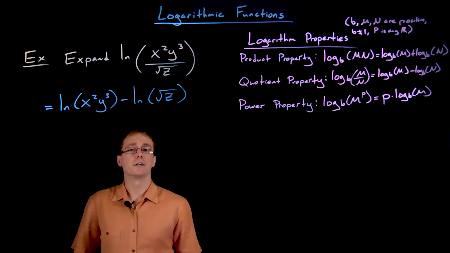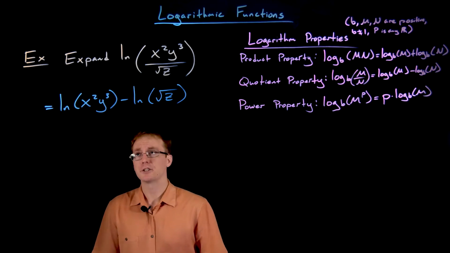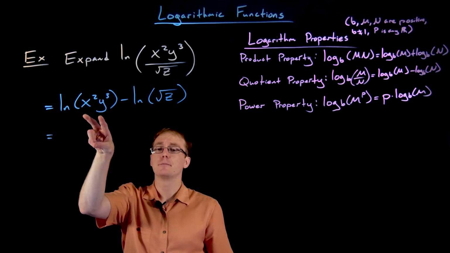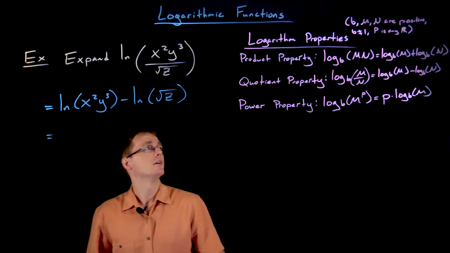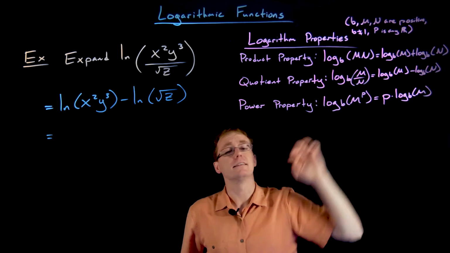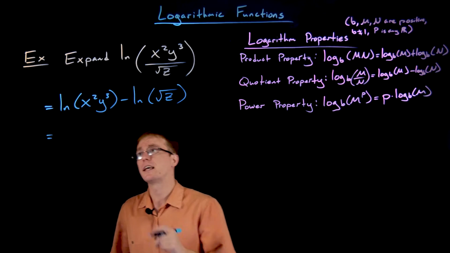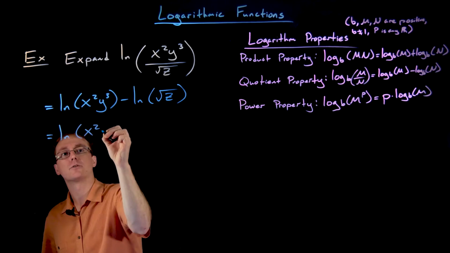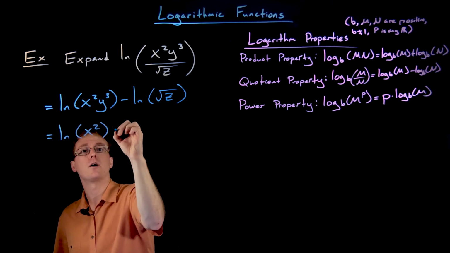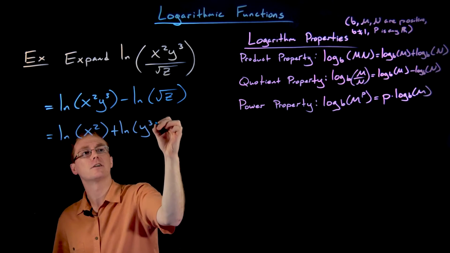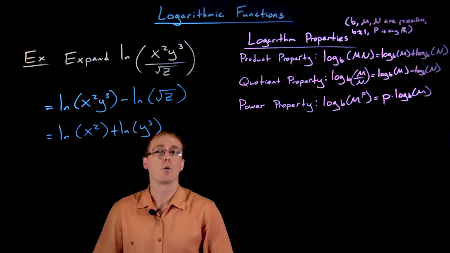All right, I don't think we are done here. We can do quite a bit more expansion, because inside of that first logarithm, we still have a product, like m times n. So now we can break that apart as the sum of two logs instead. So our first logarithm can be broken apart as the natural log of the first factor, the natural log of x squared, plus the natural log of our second factor, the natural log of y cubed.